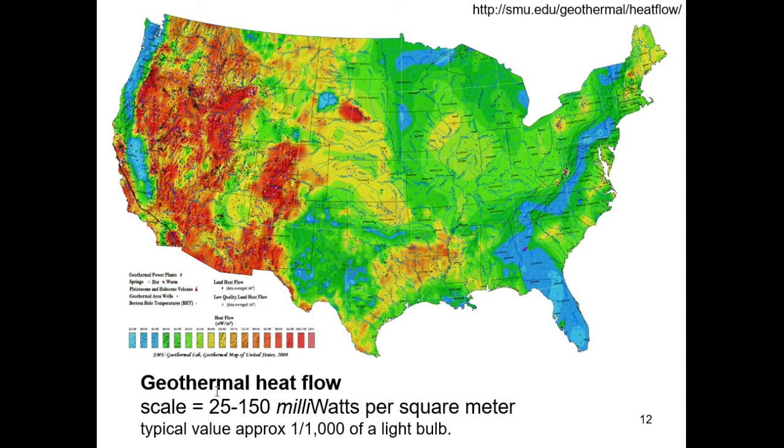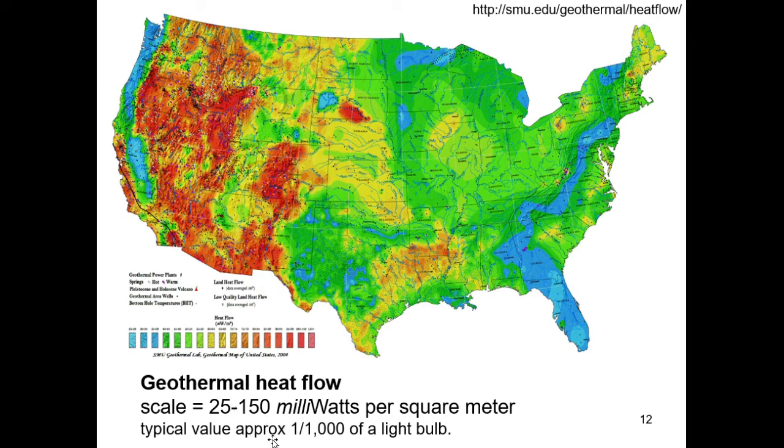And you can see that the scale here varies from about 25 to about 150 milliwatts per square meter. So we're not talking about watts per square meter, but thousandths of a watt per square meter. Whereas when we were talking about solar radiation, we were talking about 1 or 2 or 300 watts per square meter, in other words, a good old-fashioned light bulb or two.